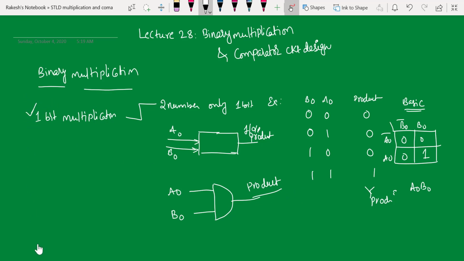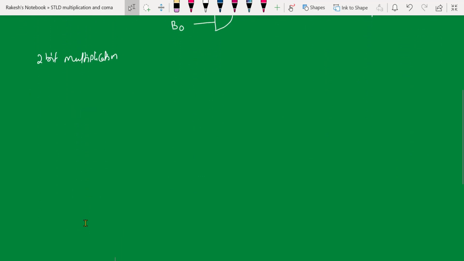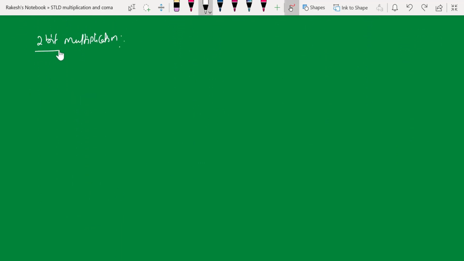Now I am going to show you how to do the 2-bit multiplication. In case of 2-bit multiplication, your two binary numbers have 2 bits, that means you are going to have A0, A1 and B0, B1.